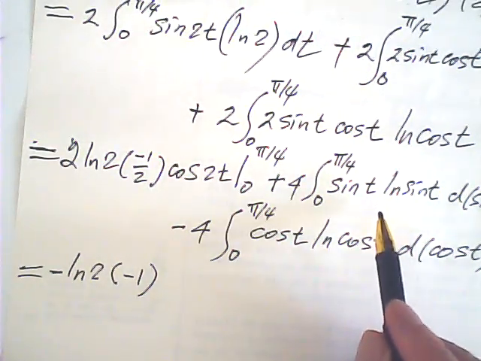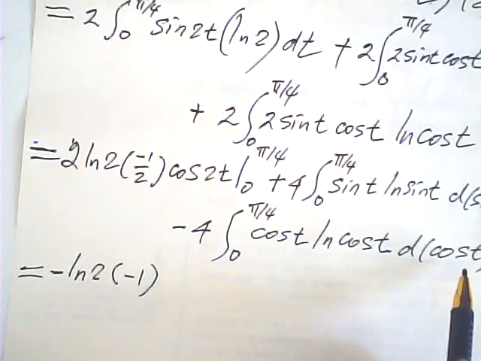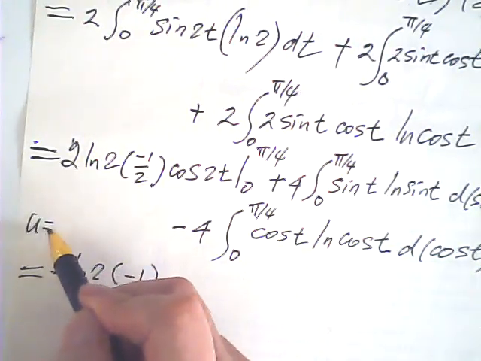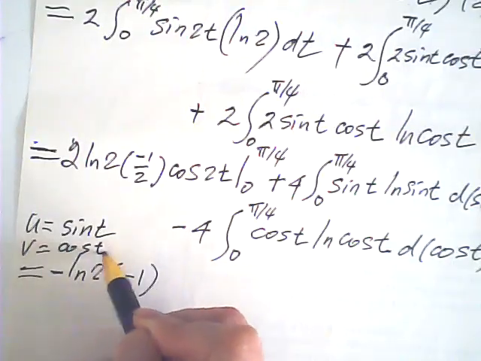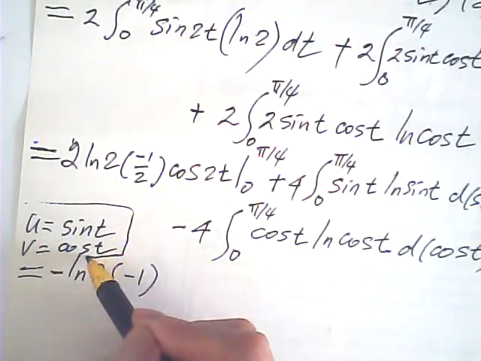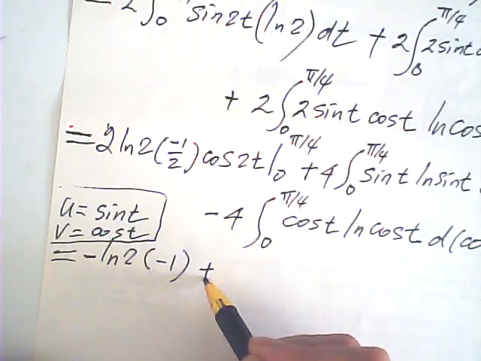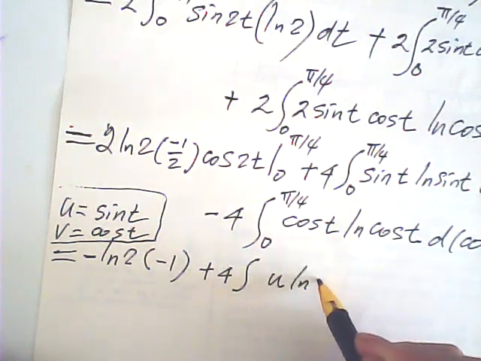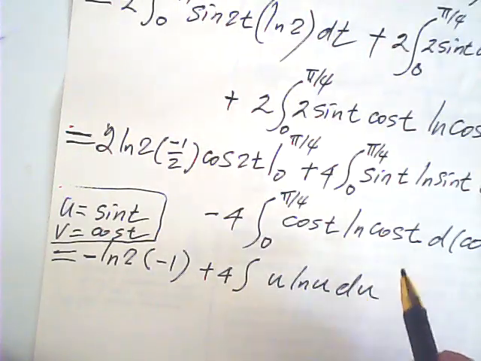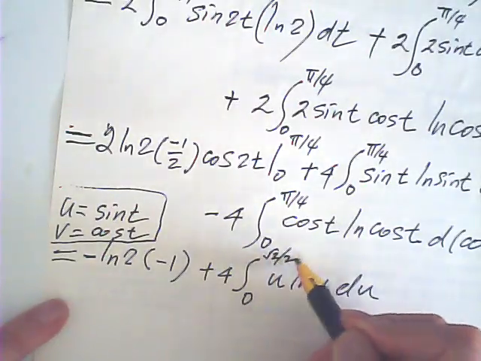The second one, sine, sine, sine. This one is cosine, cosine, cosine. So I can let u be sine t, v be cosine t, for these two integrals. So this becomes 4 u log u du, right? Now the boundary has been changed from 0 to root 2 over 2.